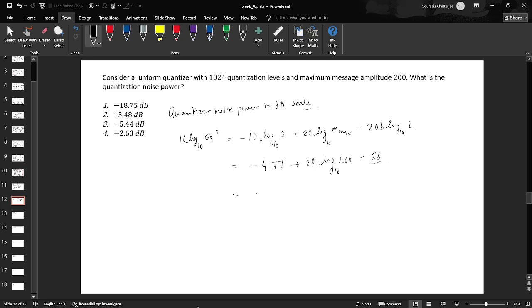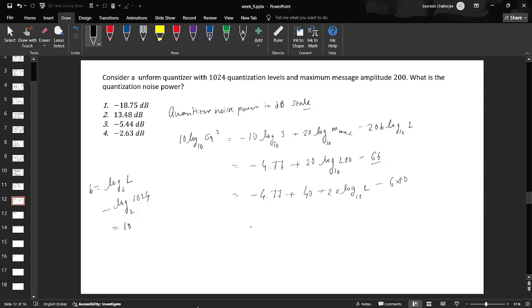b is log base 2 of the number of quantization levels, which is given as 1024 here. So log base 2 of 1024 is 10, because 1024 is 2 to the power 10. So minus 4.77 plus 20 log 200, where 20 log 100 is actually 40, so 40 plus 20 log 2 is 6, minus 6b, that is 6 into 10.